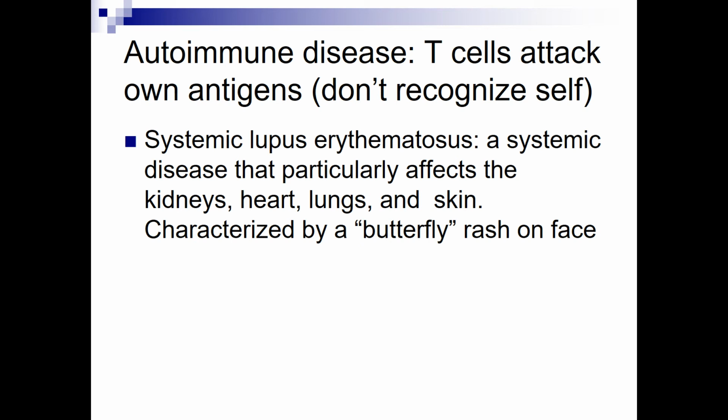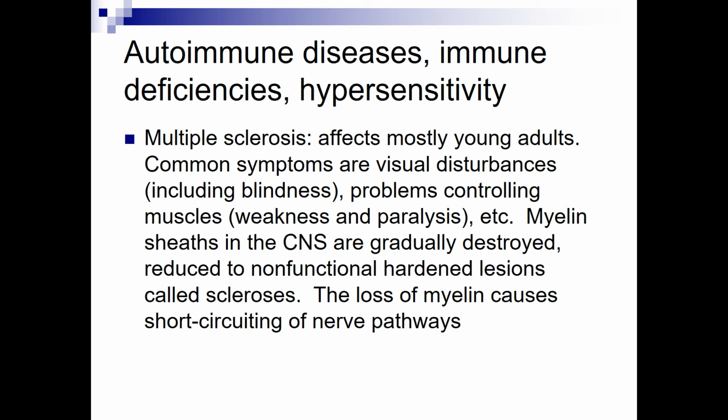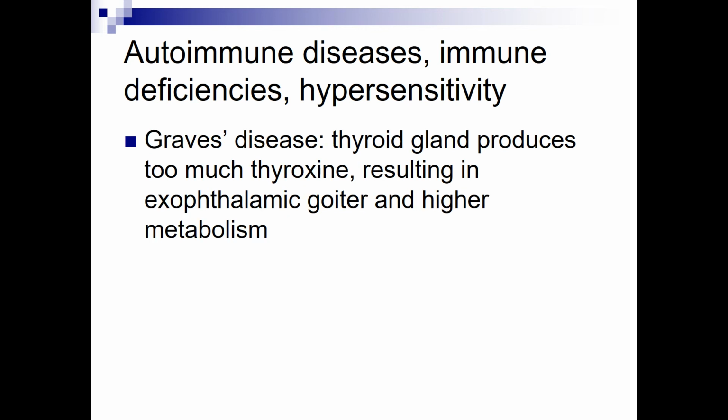In lupus, it's a lot of the connective tissue that is similar to something they've been infected with before, and so the body attacks the connective tissue. MS, I have a niece that has MS, and it's attacking the myelin sheath on the axons of the cells in her body, peripheral neurons primarily.